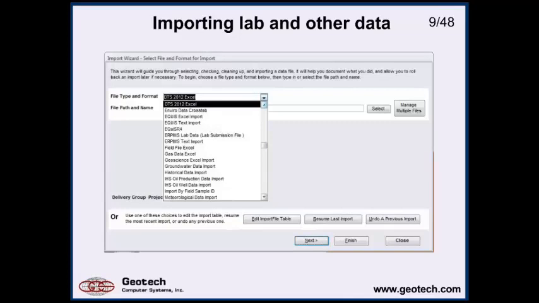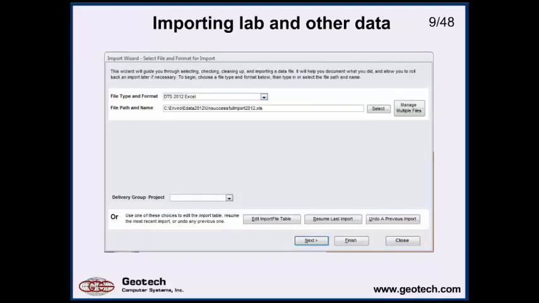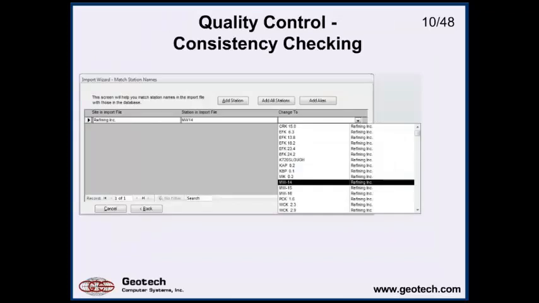So if you have either a columnar format or a multi-table format or even a spreadsheet table, then you can specify how to get it in. And the end result is it all goes into a normalized relational data model of the site, station, samples, and analyses. So once you've done that, you choose your file name, and then there's some settings that you can do here to determine how to check it.